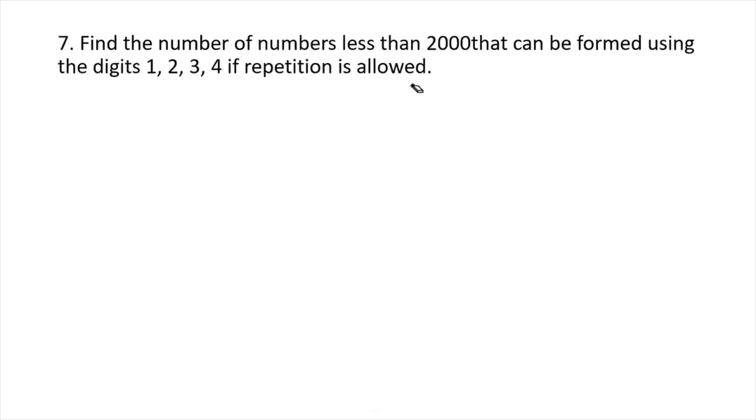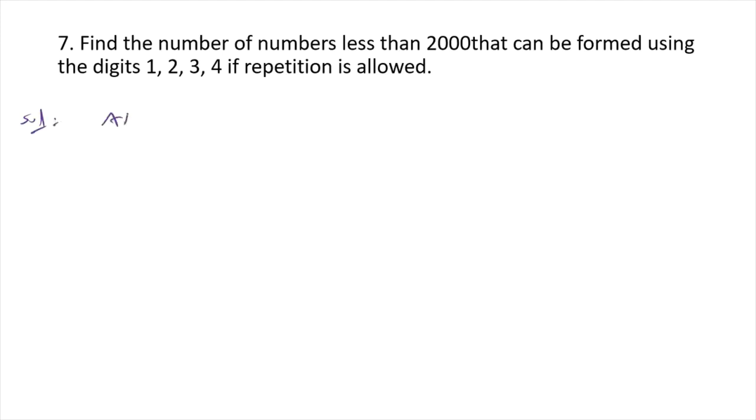Find the number of numbers less than 2000 that can be formed using the digits 1, 2, 3, 4. Okay, so we have done a few similar kind of problems in 5A. In 5A, the problem is find the number of numbers greater than 4000. Here, the number of numbers less than 2000.